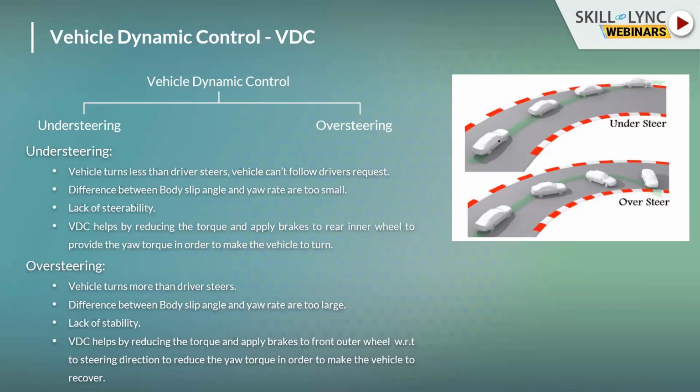For oversteering, the vehicle turns more than the driver steers. We are traveling at 80 km per hour and he is making a sharp right turn. The driver is making an angle of 60 degrees, but due to the weight shift, he is making a sudden right turn.